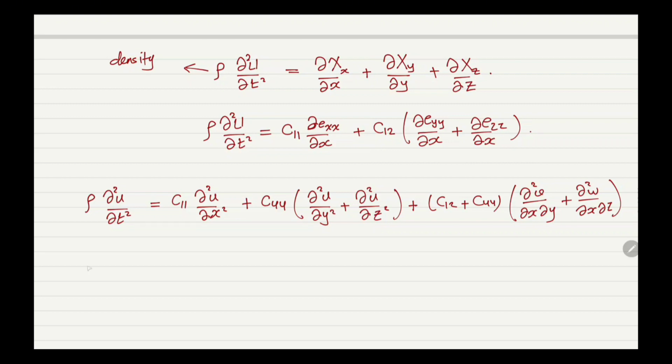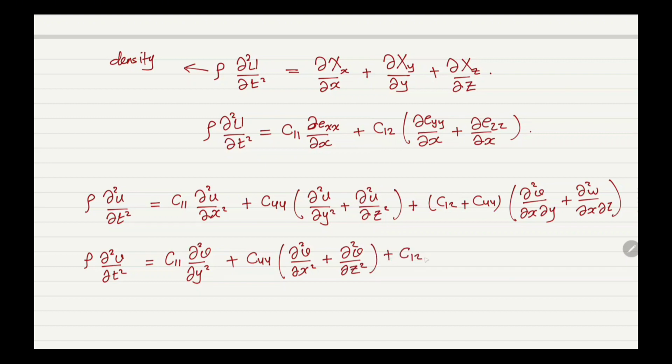Now the other equations. Rho partial 2v partial t square equal to C11 partial 2v partial y square plus C44 (partial 2v partial x square plus partial 2v partial z square) plus (C12 plus C44) (partial 2u partial x partial y plus partial 2 omega partial y partial z).